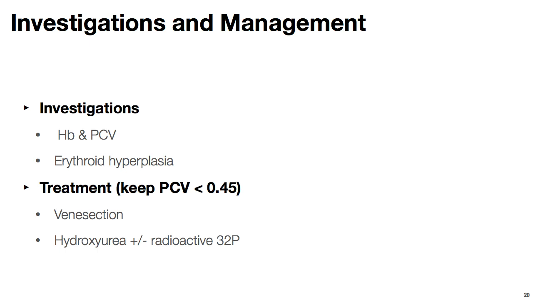Treatment is aimed at reducing viscosity, hematocrit less than 45%, with venesection or cytoreductive therapy if the platelet count is high, and also to reduce the thrombosis risk by giving aspirin and also by maintaining platelets less than 400. Most people with this condition live more than 10 years. However, there may be transformation into leukemia or myelofibrosis, as we've spoken about before.